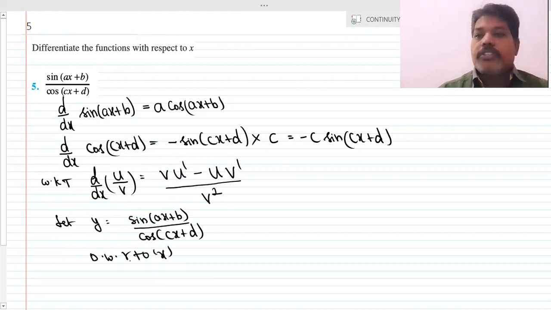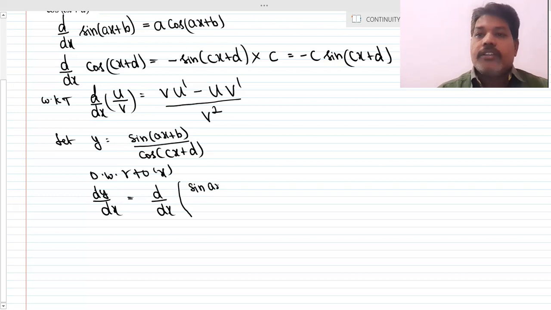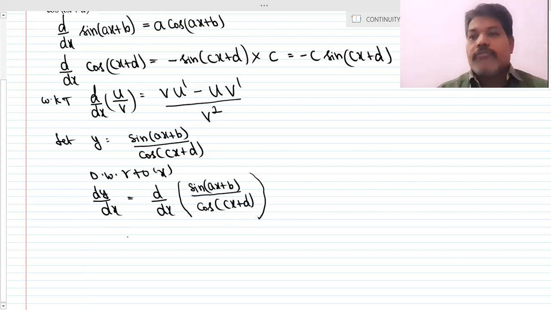What happens? dy by dx is equal to the derivative of sine of ax plus b by cos of cx plus d. So it is in the form of u by v. What is the formula you are going to apply? First see the formula, students. The numerator is u and the denominator is v. Apply this formula.